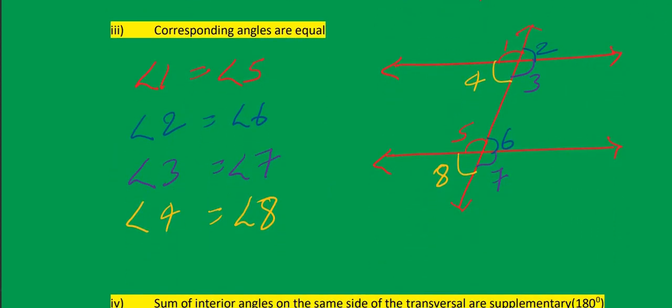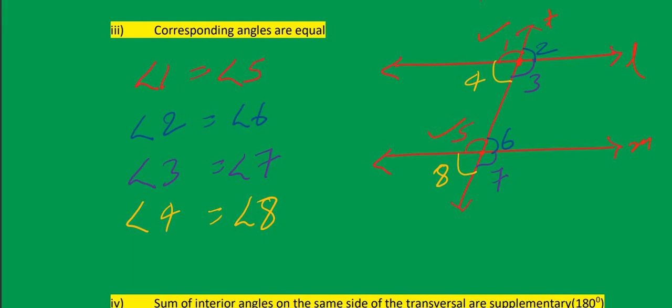Now I am going to talk about corresponding angles. So in this case, always you have to see angles that lie on the same places are called corresponding angles. So angle 1 and angle 5 lie on the same places. That means in this case, angle 1 and 5 lie on the left side of the transversal and above the parallel lines.